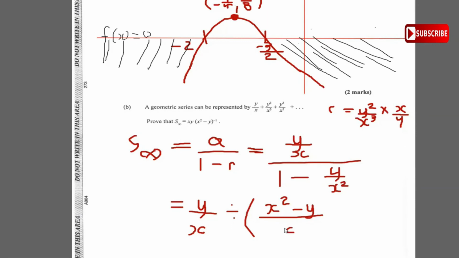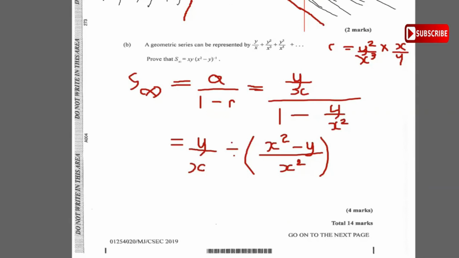Now we know how to do division from primary school. We were taught that once you're dividing, you flip it and change the sign to multiplication. So this becomes y over x multiplied by, we flip it, x squared over x squared minus y.